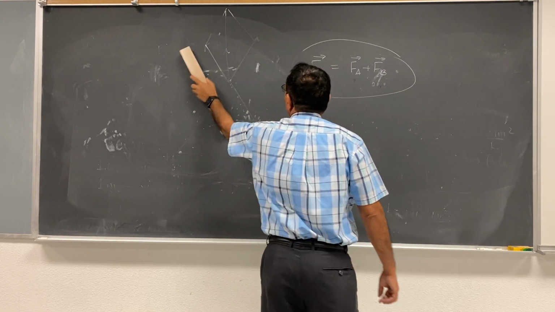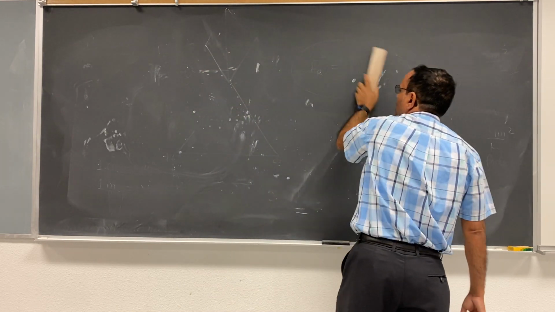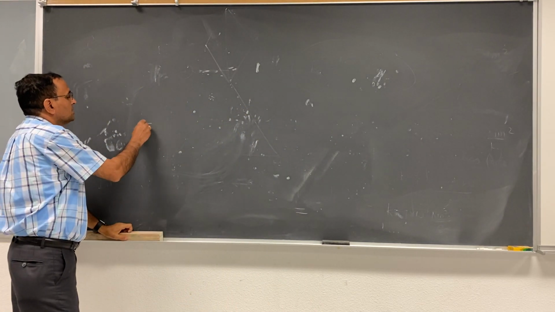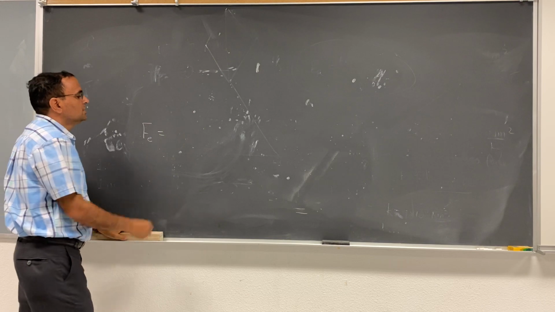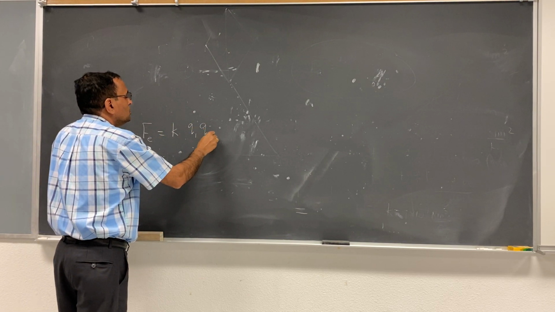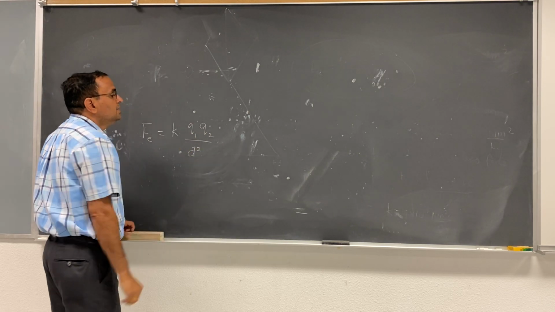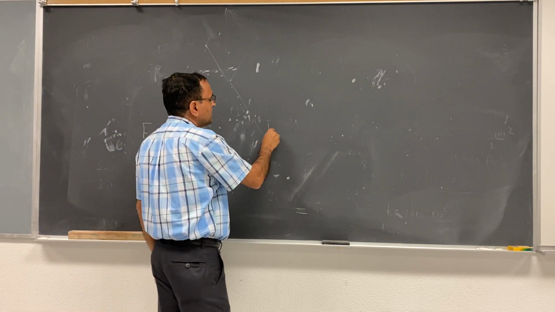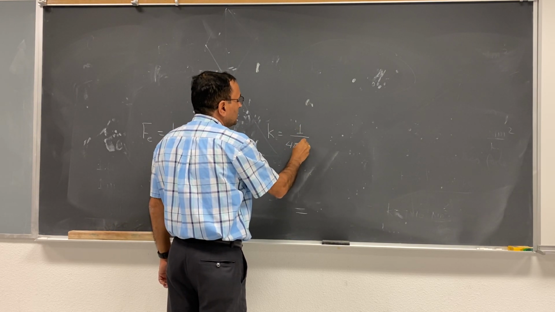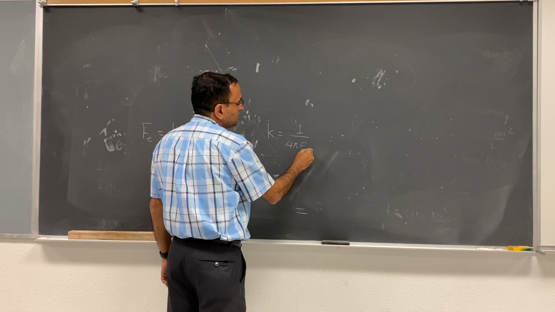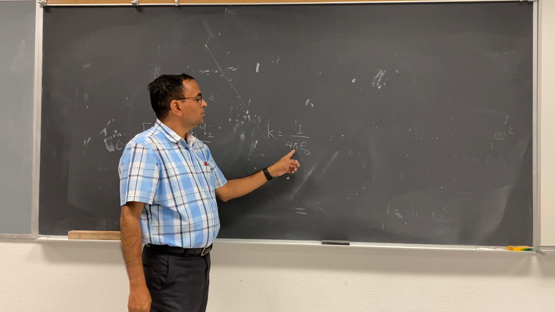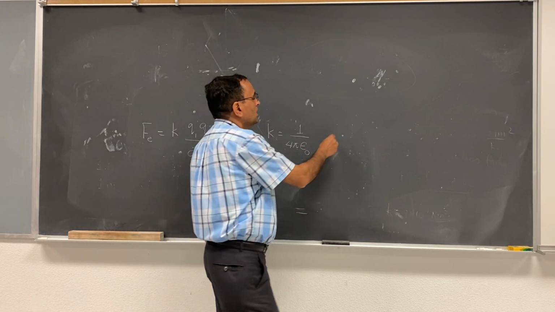electrostatic force, which we also call the Coulomb force. So Coulomb's law is this: the electrostatic force is equal to K times Q1 Q2 divided by r square. But this K you can also write like this: K equal to 1 divided by 4 pi epsilon 0.